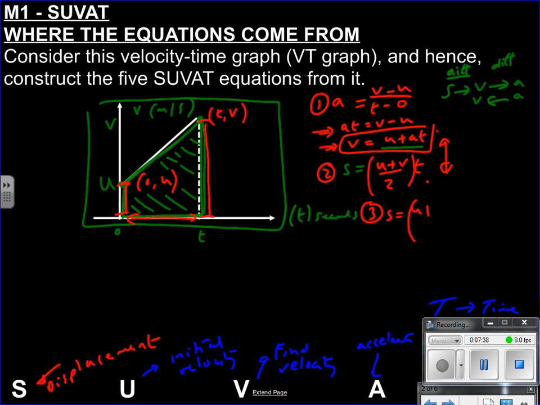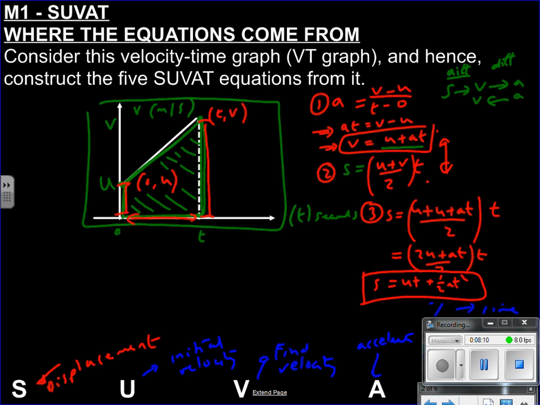So U plus V, which is U plus AT, all over 2 times T. So that is U plus U, that's 2U, plus AT over 2 times T. So 2U over 2 plus AT over 2, all times T, and we're starting to get the picture. So this will end up with S equals UT plus half AT squared. So there we go, there's number 3.